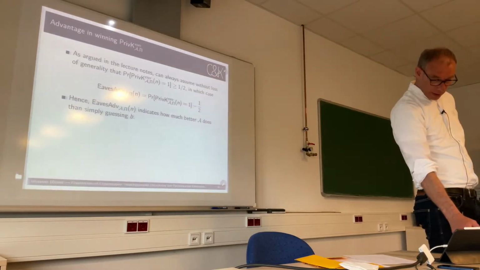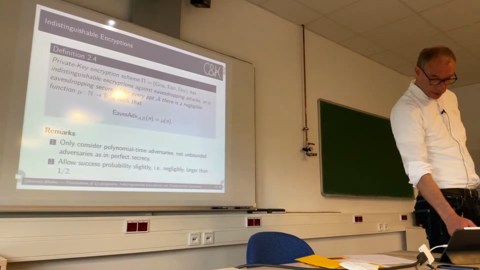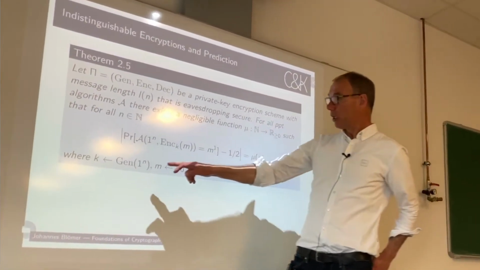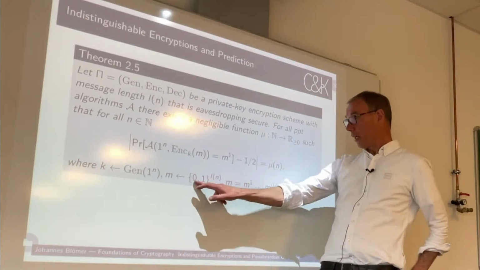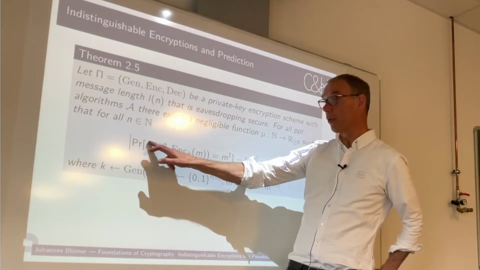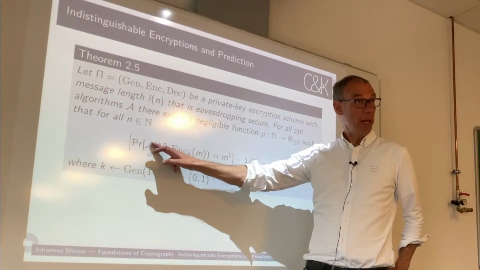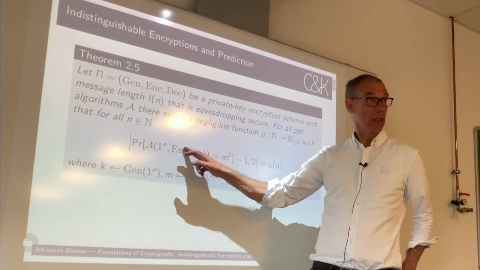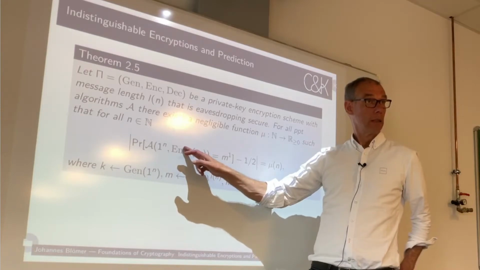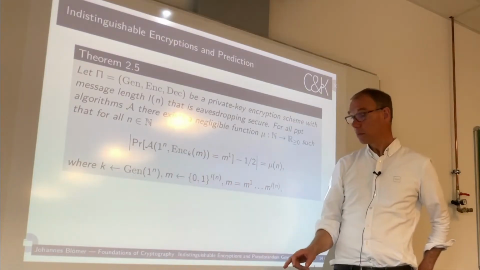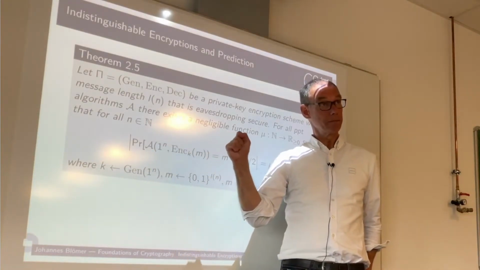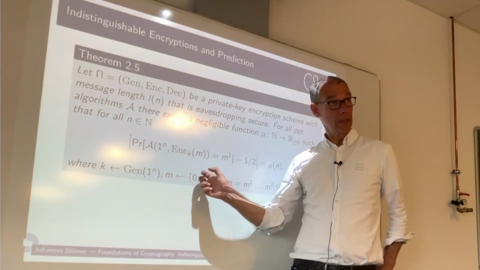And similarly, if I talk about this thing here, I talk about the random choice here, but I also talk about the random choice that A makes and the random choices that are possibly involved in encrypting.